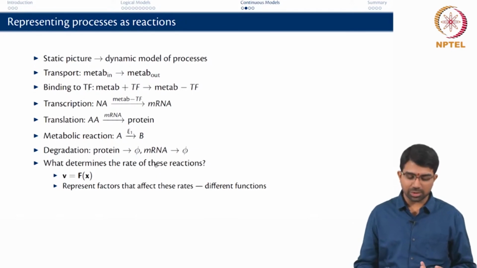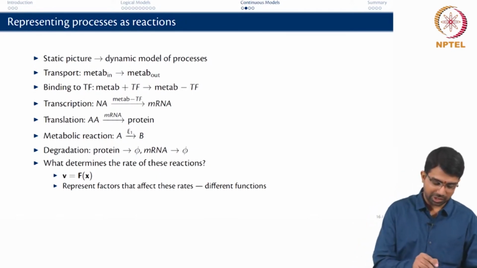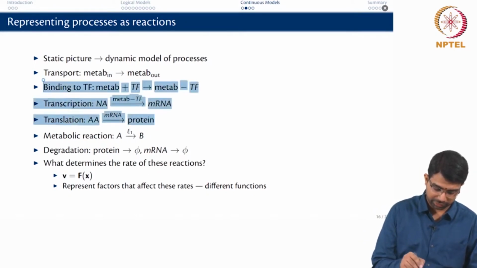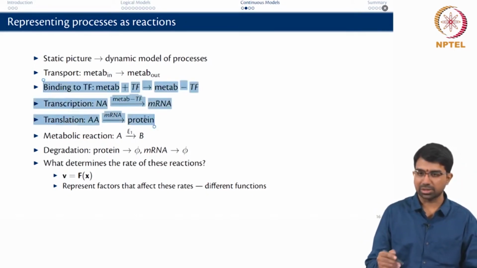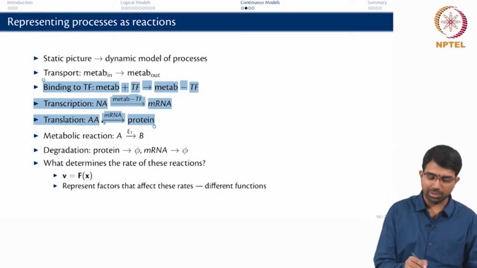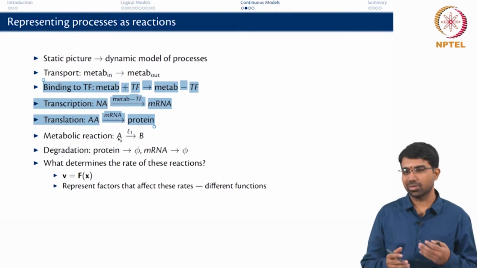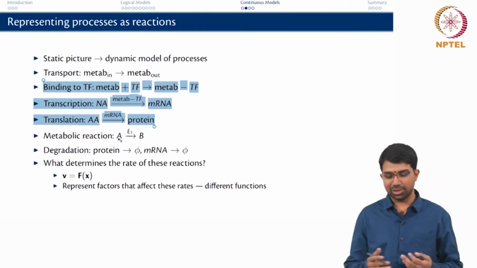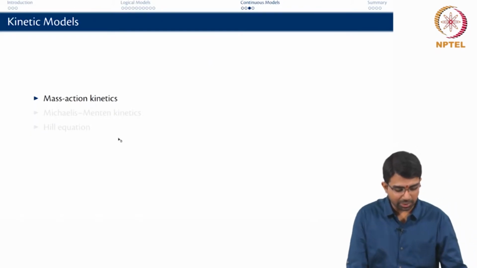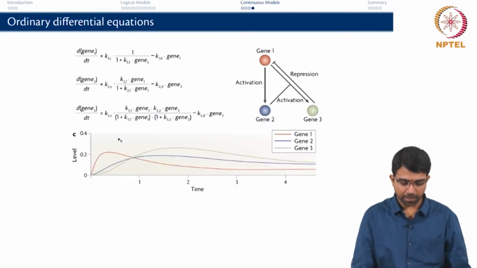You could also use FBA occasionally, but FBA is not good enough to typically model some of these kinds of systems, even though you can show them as reactions. It is very difficult to write mass balance for a protein and so on, because you are talking about several amino acids, polymerization and things like that. So, the classic kinetic models again are mass action, Michaelis-Menten and Hill.